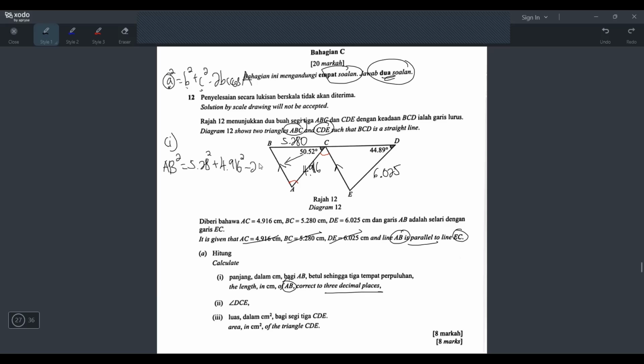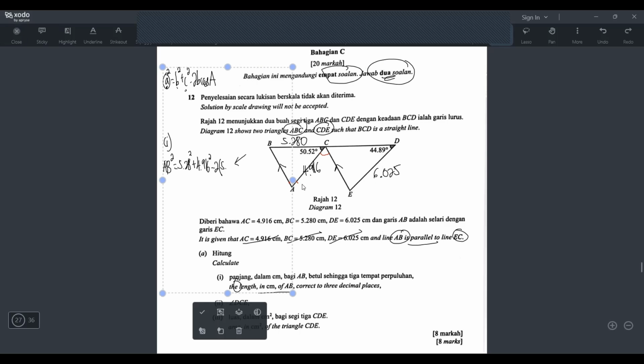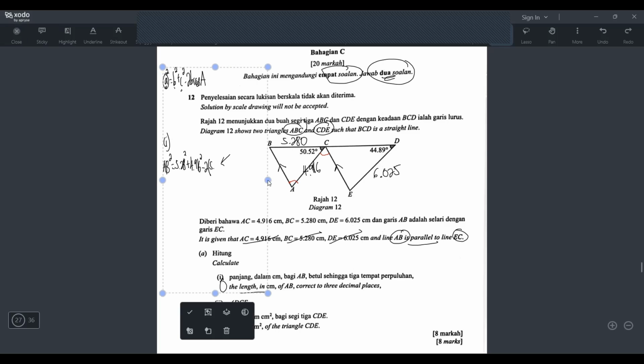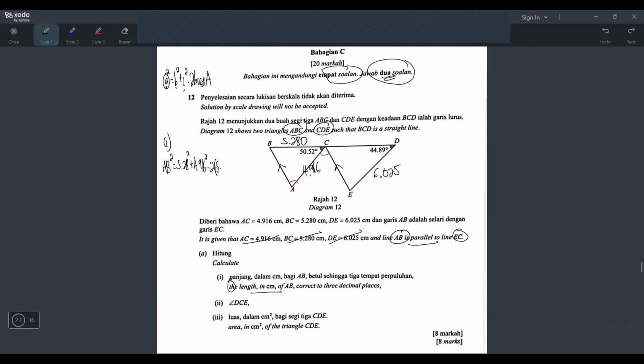And don't forget to minus 2 bracket bc cos A. So the formula is minus 2 times bc, which is 5.28, and then times c again, which is 4.916, and then cos angle, which is 50.52.